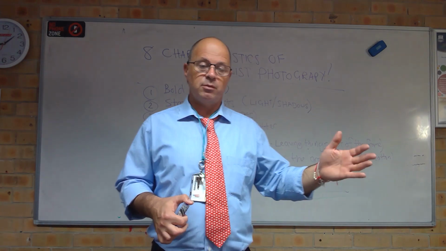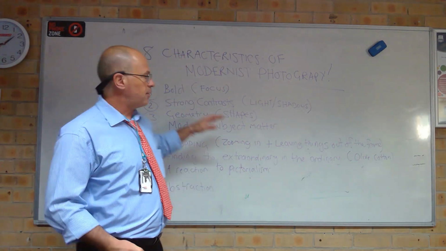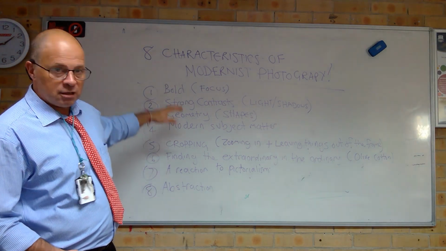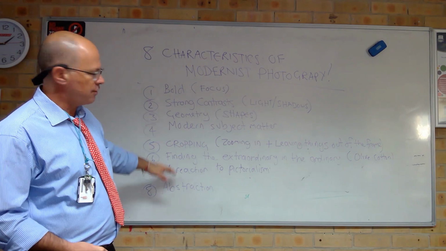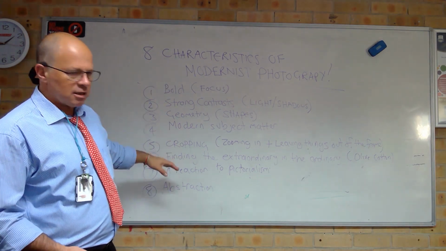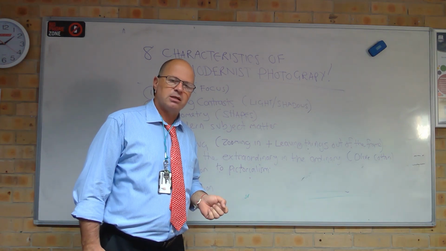And all of these images you're taking for this folio need to be modernist. So in some way, they need to reflect these characteristics. Not all of them. Each image might not have all 8 of them in it, but it's going to have enough of them to make the image look like it's a modernist image.